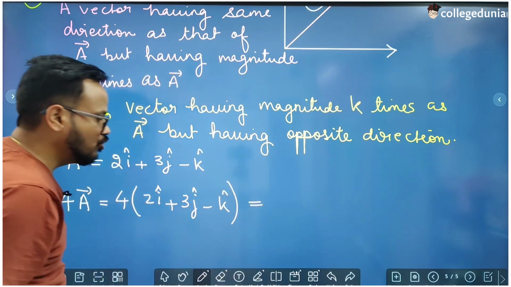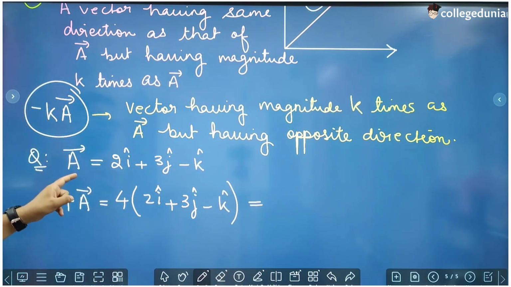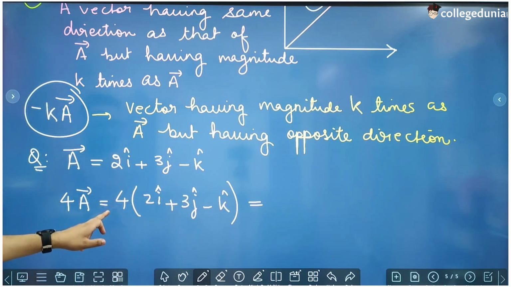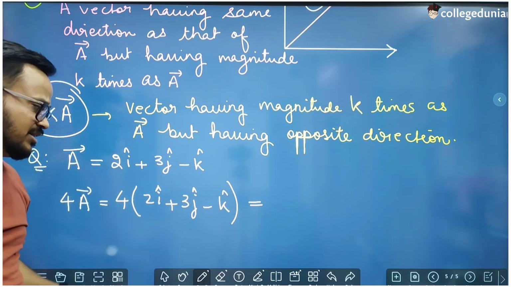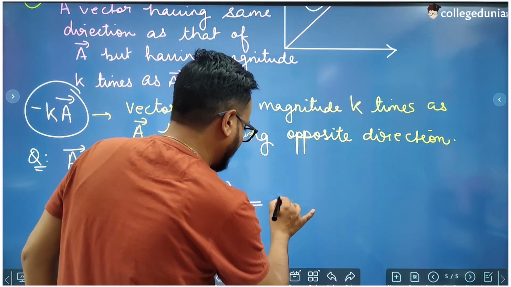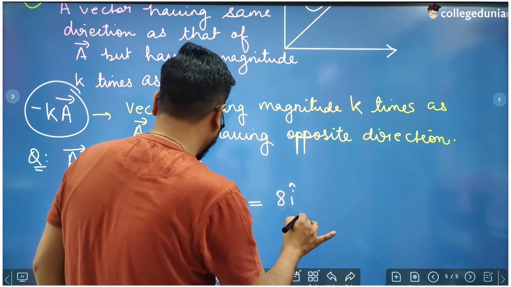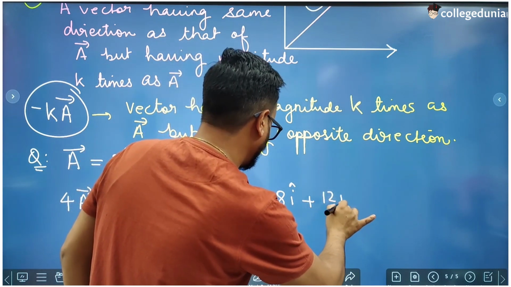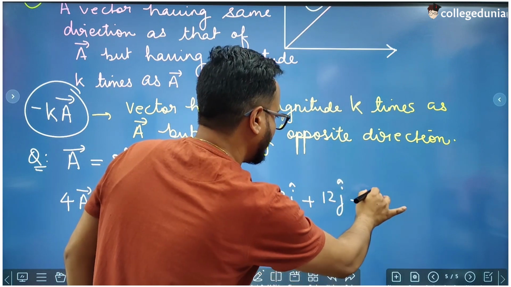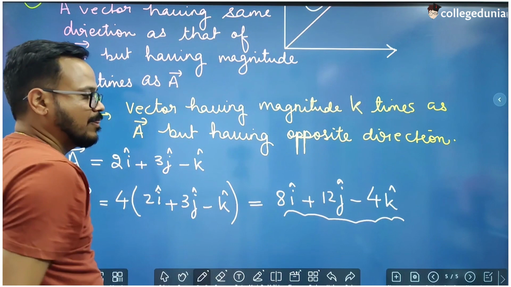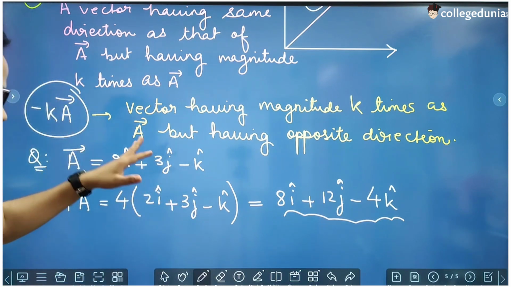What you are going to do is simply multiply this 4 with each and every coefficient. You will multiply this 4 with the coefficient of i, with the coefficient of j, with the coefficient of k. So this vector is 8i cap plus 12j cap minus 4k cap, right? Clear?